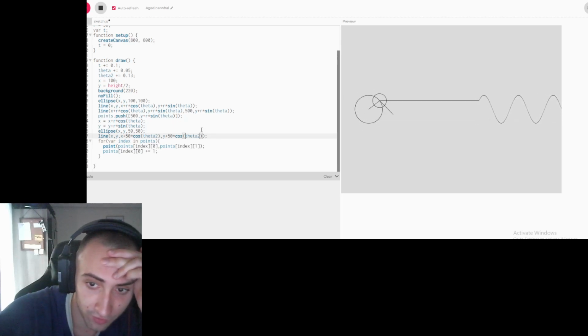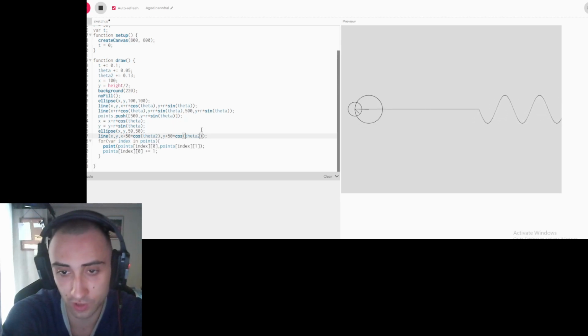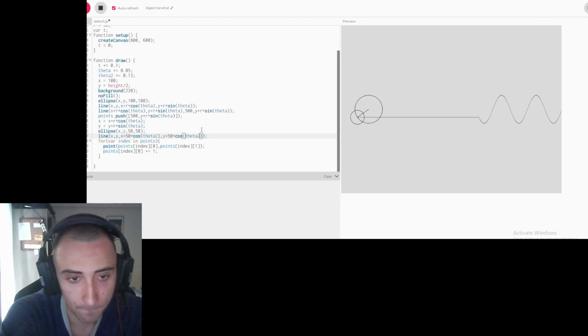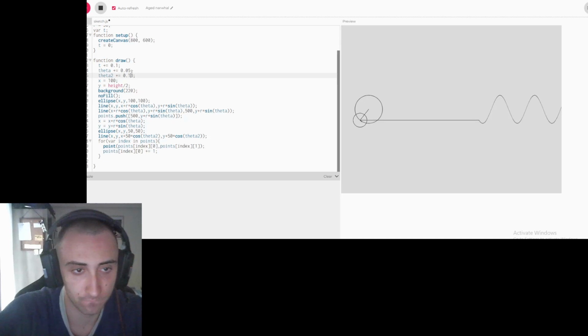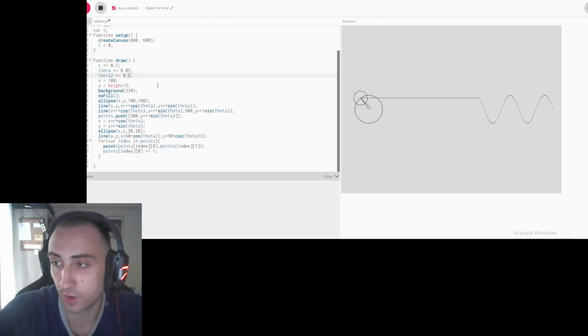I guess I'm just very dumb. I need to find out why it oscillates like that at a standard angle. Yeah, whatever I do, this is what it does.